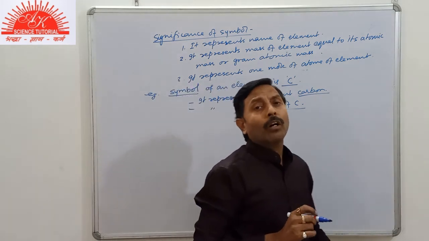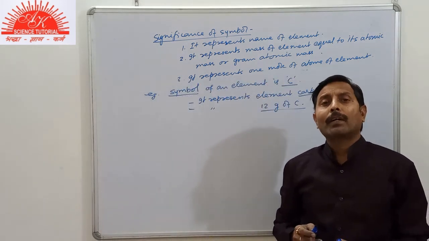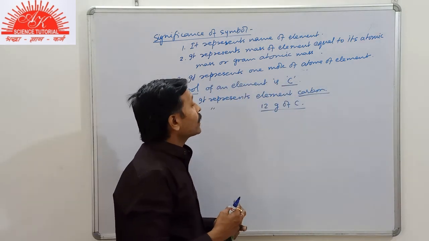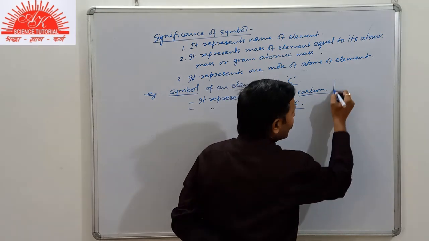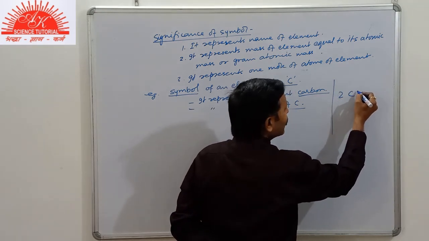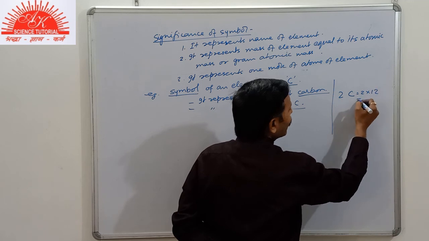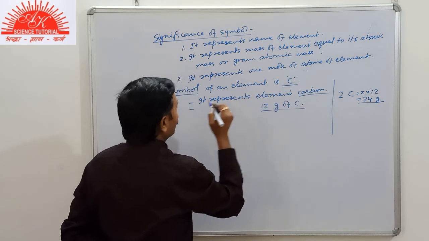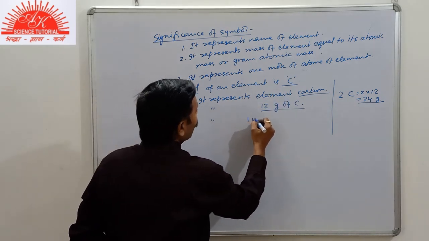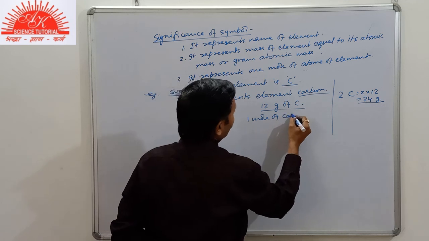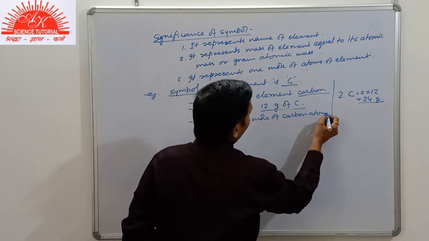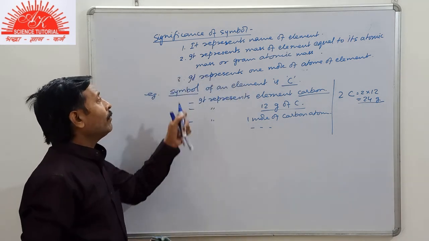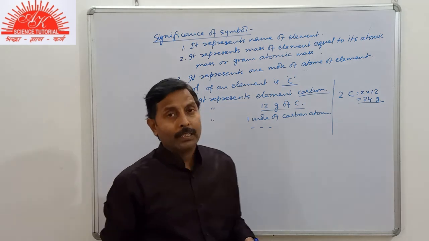The atomic mass of carbon is 12, or gram atomic mass of carbon is 12 gram. So if we write C, it means that it represents 12 gram of carbon. Suppose at any place we write 2C, it means it represents 2 into 12, hence 24 gram. So this represents its atomic mass, as well as 1 mole of carbon atoms, and so on. So by using the symbol, we can have these 3 basic pieces of information.